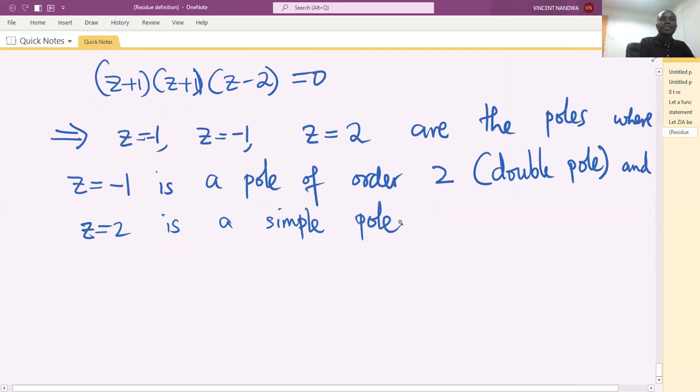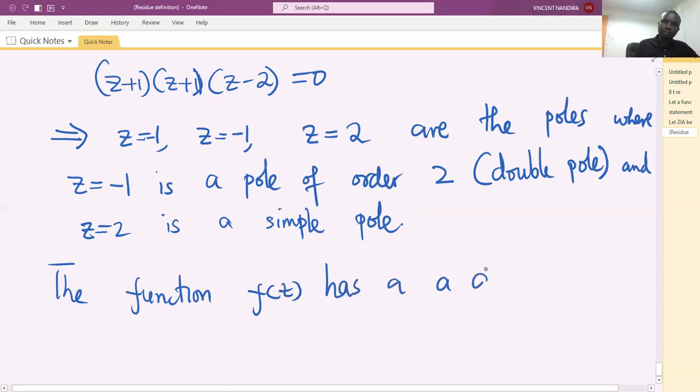Now, because the question specifies that we need to concentrate on the double pole, our interest will be with z equals negative 1. So the function f of z has a double pole at z equals negative 1.